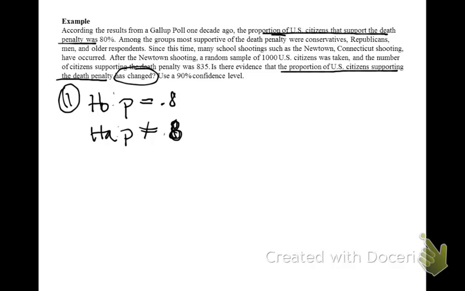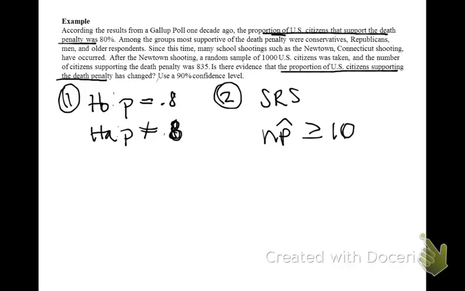The second step in running a hypothesis test is to check your assumptions. We need simple random sampling, and it says a random sample was taken. The next assumption is that n times p hat is greater than or equal to 10. N times p hat is the number of successes, the number of people who said yes. Out of the 1,000 people, 835 said that they support the death penalty.